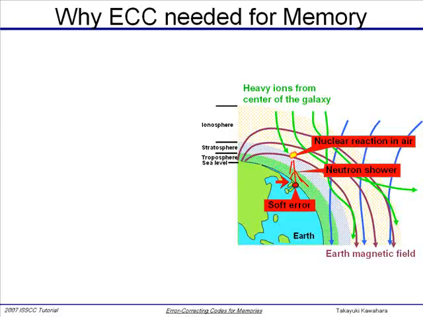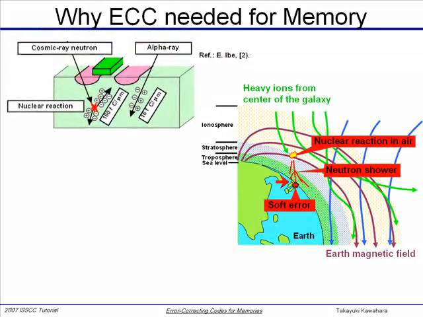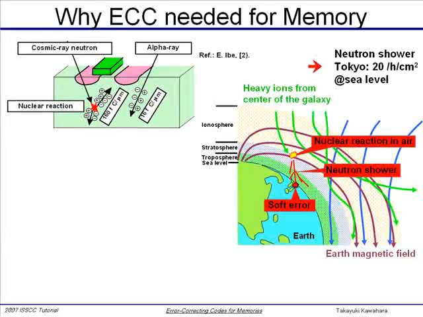In the cosmic rays, the produced electron-hole pair is 10 times larger than that from the alpha particle. The alpha particle comes from some element in the package, but the neutron is from the galaxy. This rate is about, in Tokyo, 20 neutrons per hour per square centimeter. Such neutrons are showered.